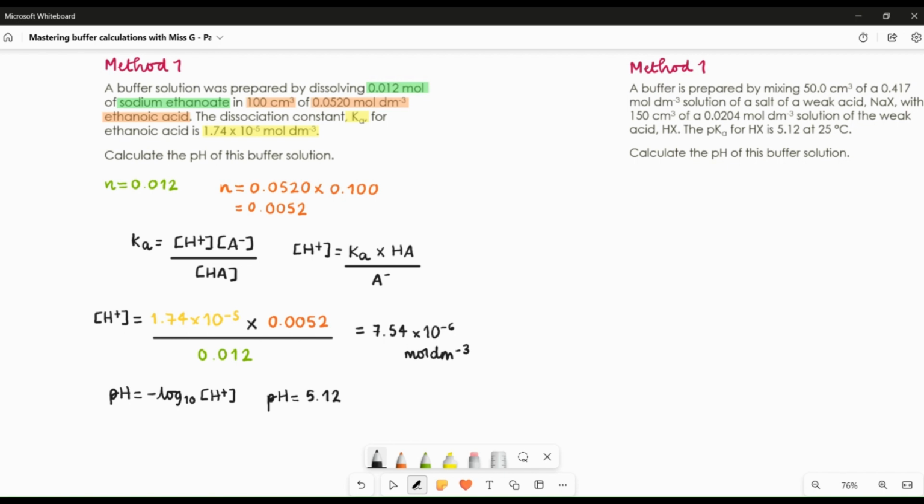And what you would find is when you did that, the pH would either stay at 5.12 exactly, or it would vary ever so slightly. It might be 5.10, 5.11, 5.13, 5.14. Probably not much further outside of that range, but that would be us saying that the pH of the buffer solution has been maintained, and that would be what you would do in part B.